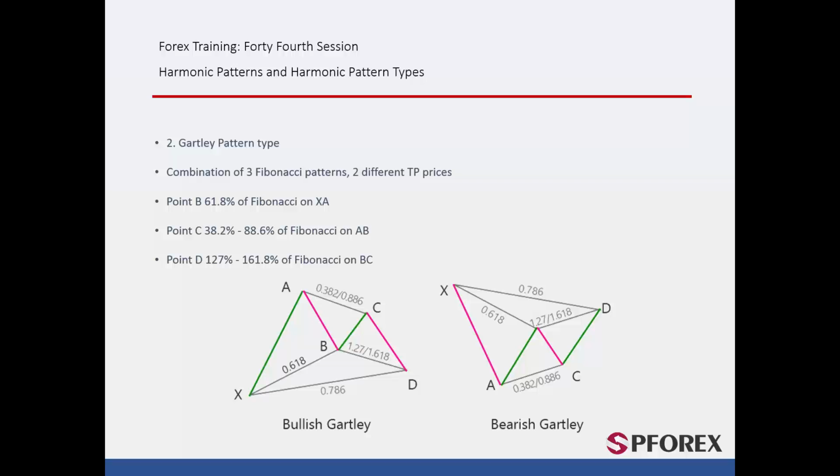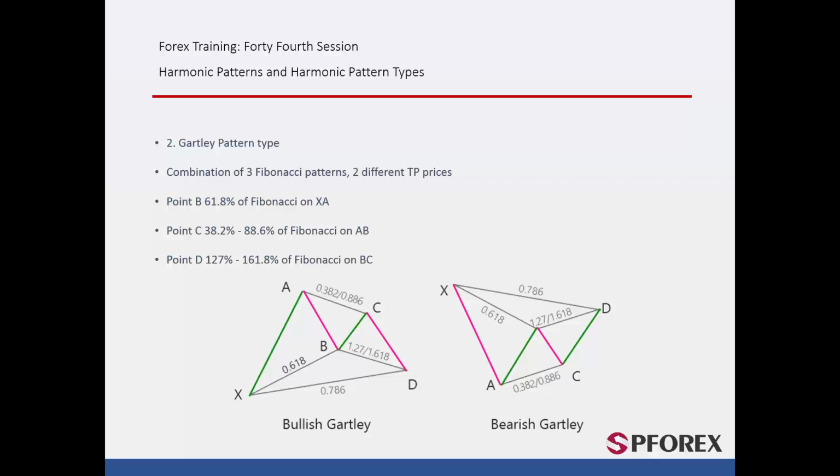The last Fibonacci should be drawn on the BC line, and D has to be in a region between 127% and 161.8% of the third Fibonacci. Point D should be around 78.6% of the first Fibonacci that was drawn on the XA swing.